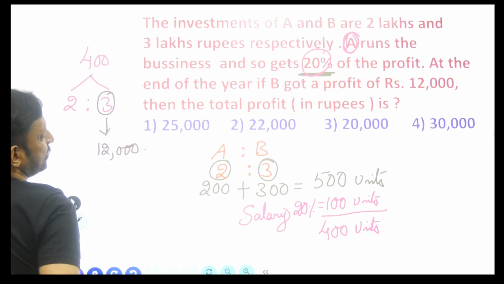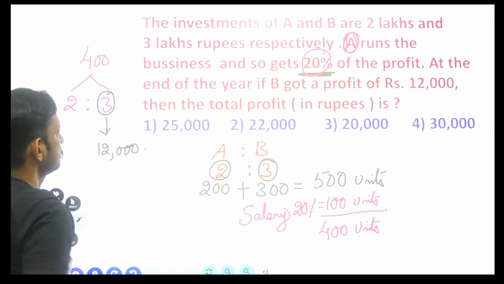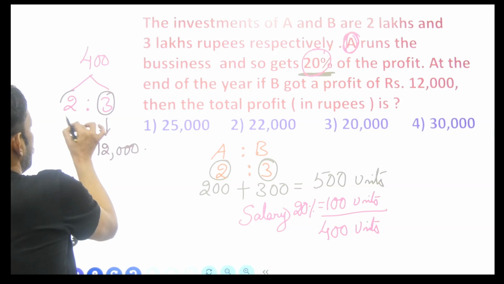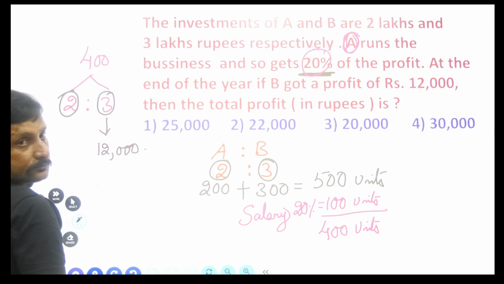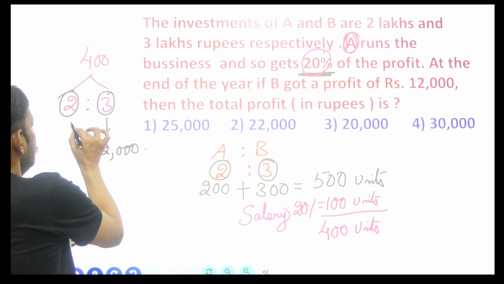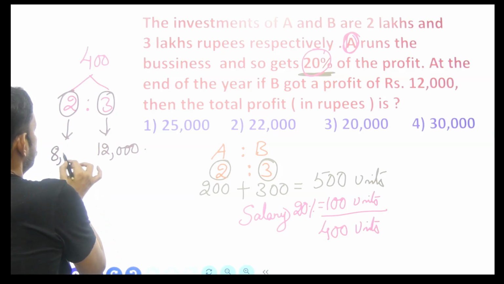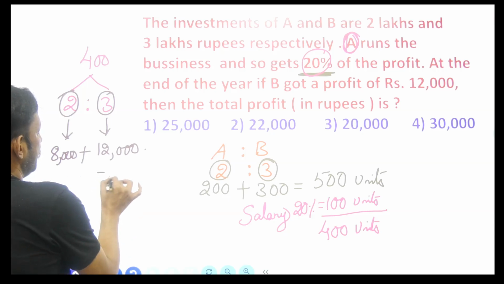If 3 parts is 12,000 rupees, then what is the 2 parts value? 2 parts is 8,000. So the total sum comes up to 20,000.